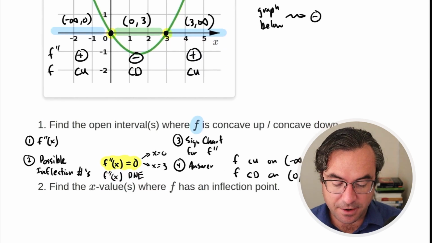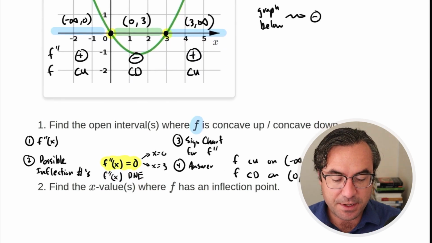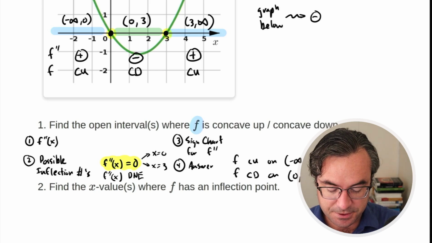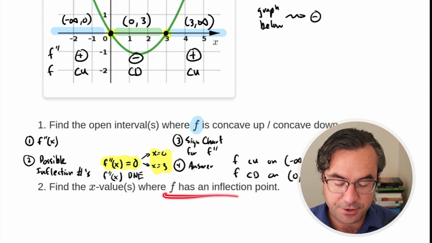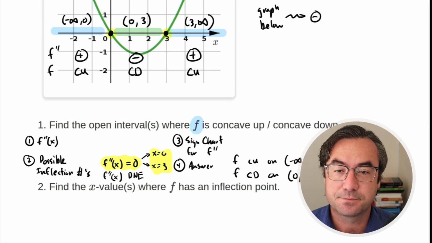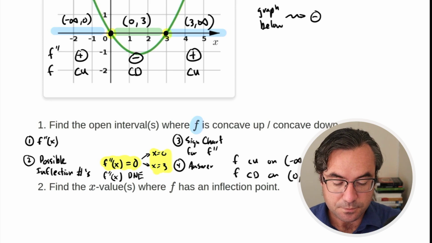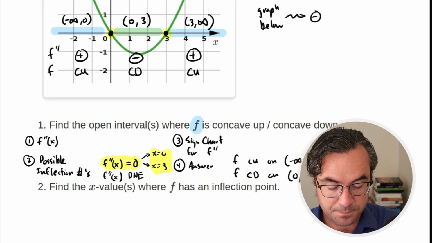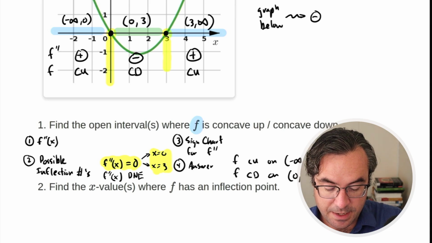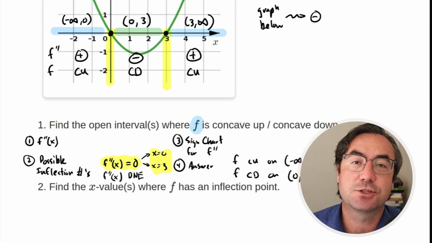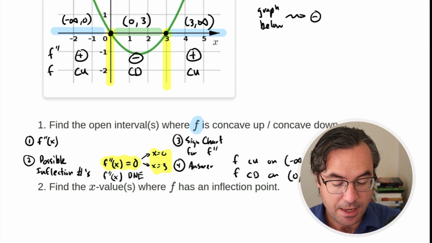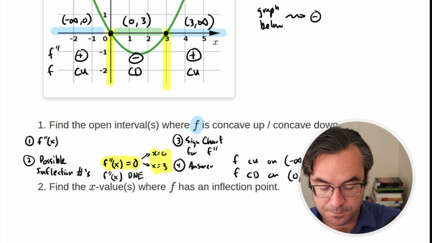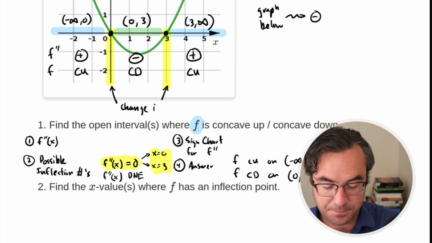All right, so once we have our intervals of concavity, we can go back to those possible inflection numbers and determine if we do actually have an inflection point there. If we look at x equals 0, and at x equals 3, we just want to make sure, do we actually have a change in concavity? And yes, we do. There's a change in concavity at both.